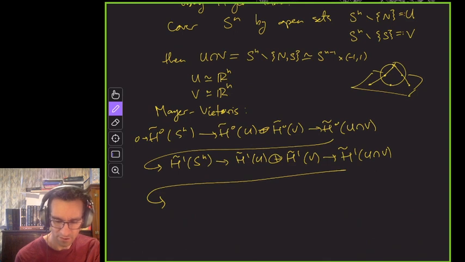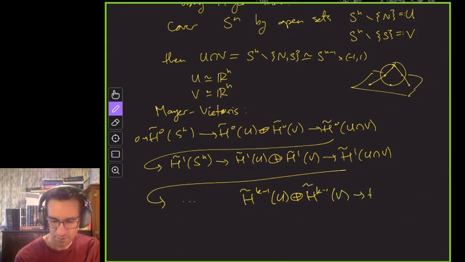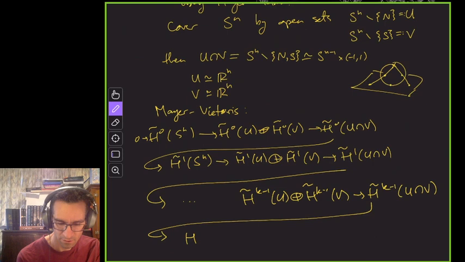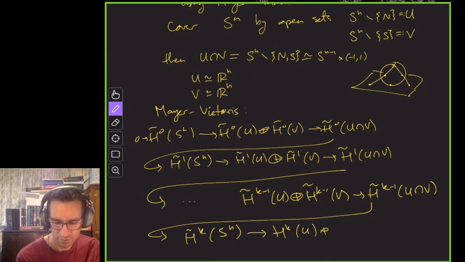That's H^(k-1) U, H^(k-1) V, all reduced, H reduced k-1 of U intersection V, H reduced k of Sn, H^k U, H^k V, and so on.